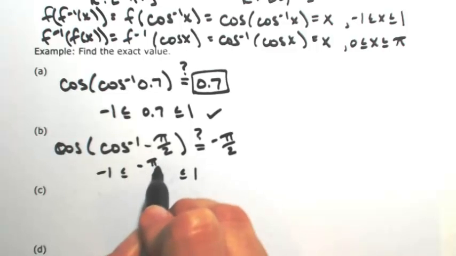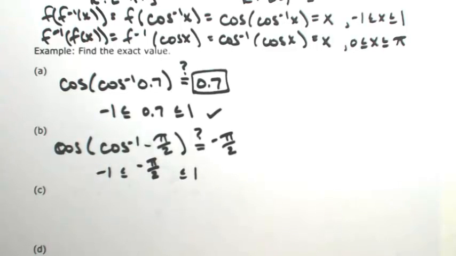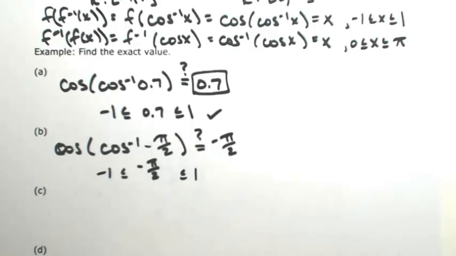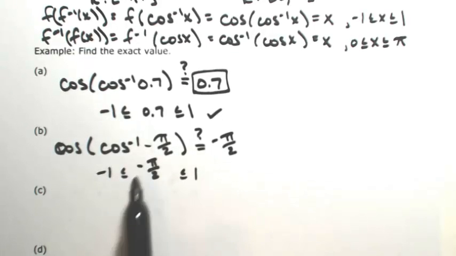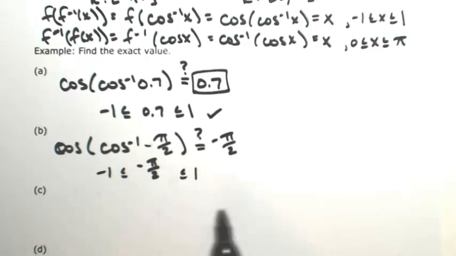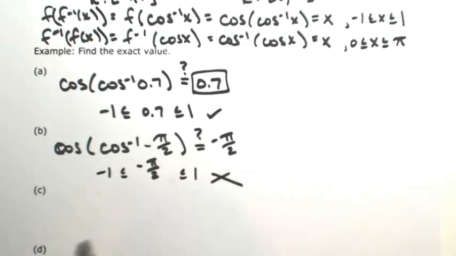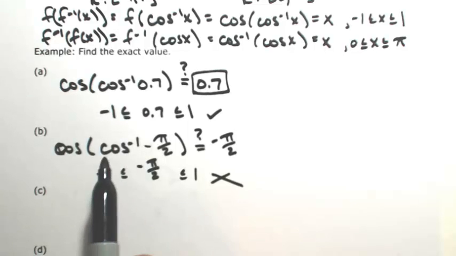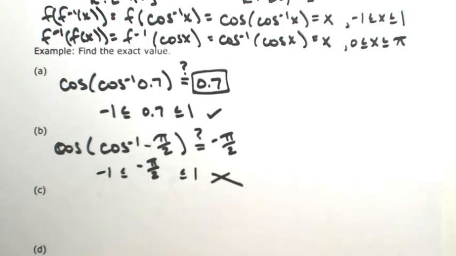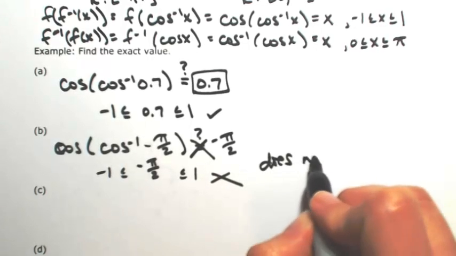So I need to check that -pi/2 is between -1 and 1. Well, pi is about 3.14, so 2 goes into 3 more than once. So this is not going to be true. This is going to be less than -1. So that's not true. So this means that the inverse cosine of -pi/2 does not even exist. So the composition certainly does not exist.